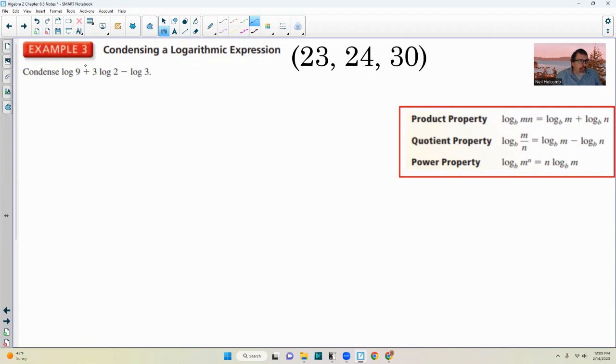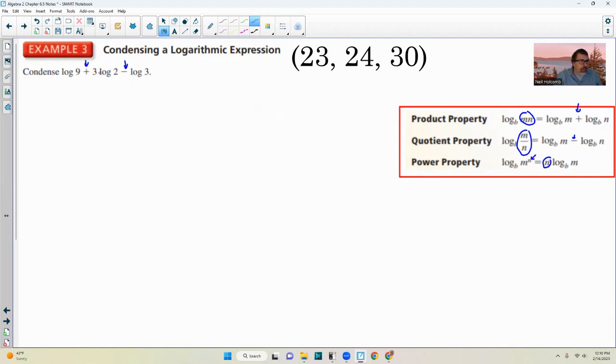And now we have a plus right here, and we have a minus right here. So we know that when there's an addition sign, we're going to multiply right here. And when there's a minus sign, we're going to divide. And then we have a number in front. So we also have an n right here, and that's going to become the power.